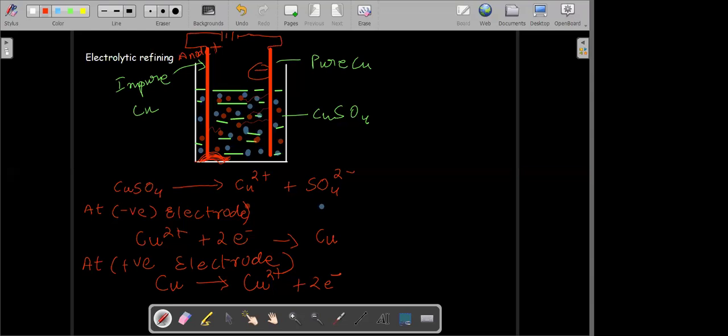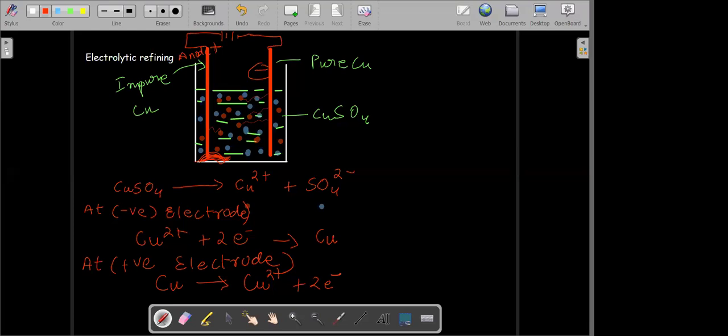We take a salt solution of the metal which we are refining. Here we are refining copper, hence we have taken a copper sulfate solution. We can take copper chloride also. We can take any solution of copper over here.